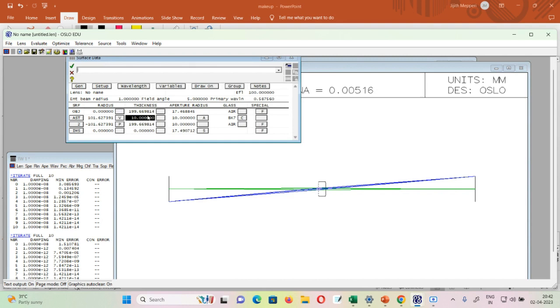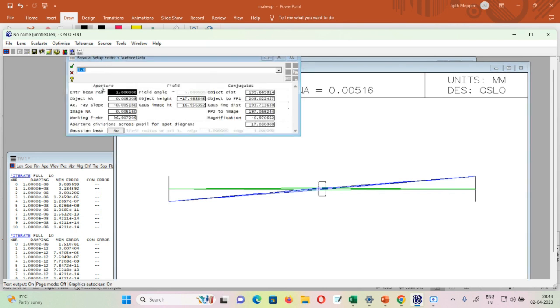Now you see 199.669814, and again it took that way because here we gave object to PP1 as 203.2247. If I change this one to 200, what can be the PP2 to image?